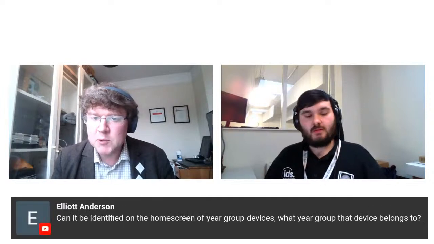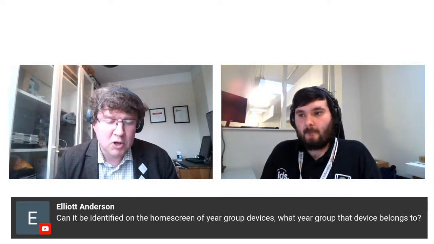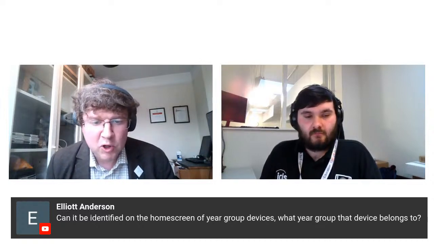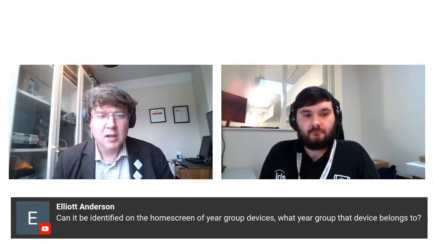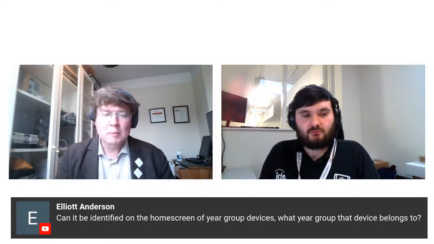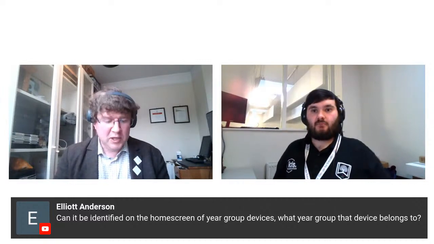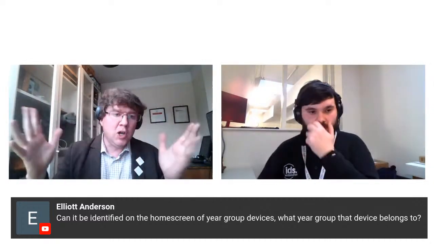Somebody asked a question a bit earlier on. This is a question from Elliot. Can it be identified on the home screen of year group devices what year group that device belongs to? My advice on this one, and Dan, jump in if you've got any other ideas, would be probably to use the various background options. One of the things that we used to do was use colours.